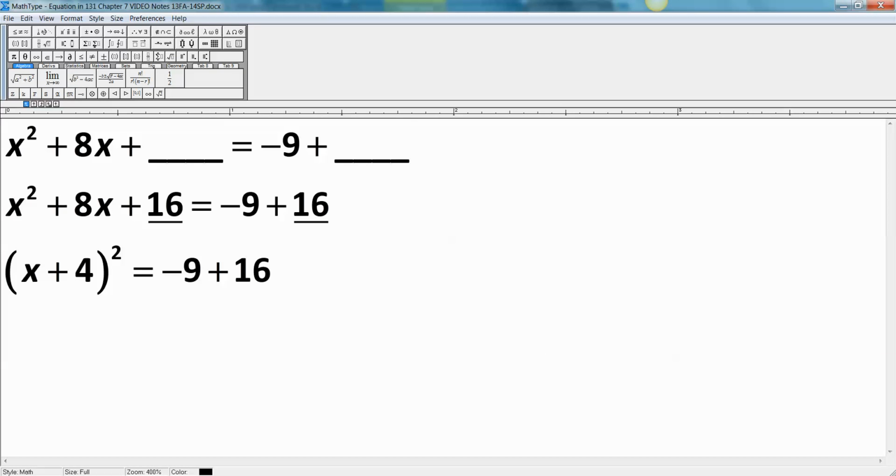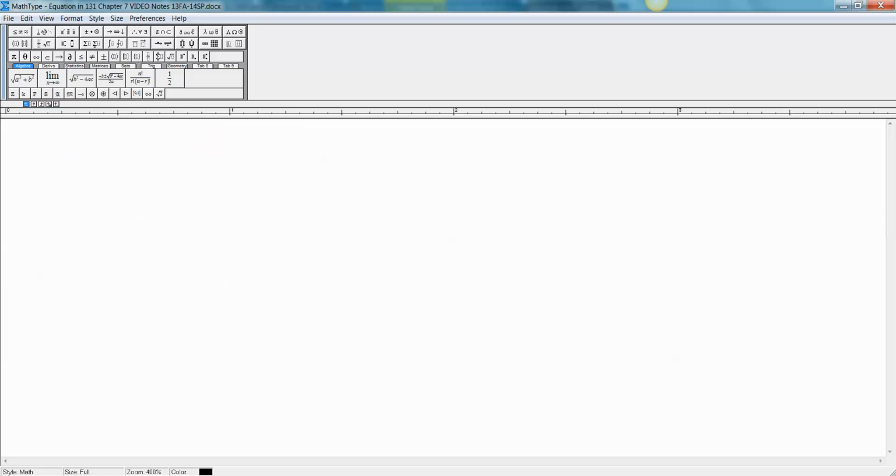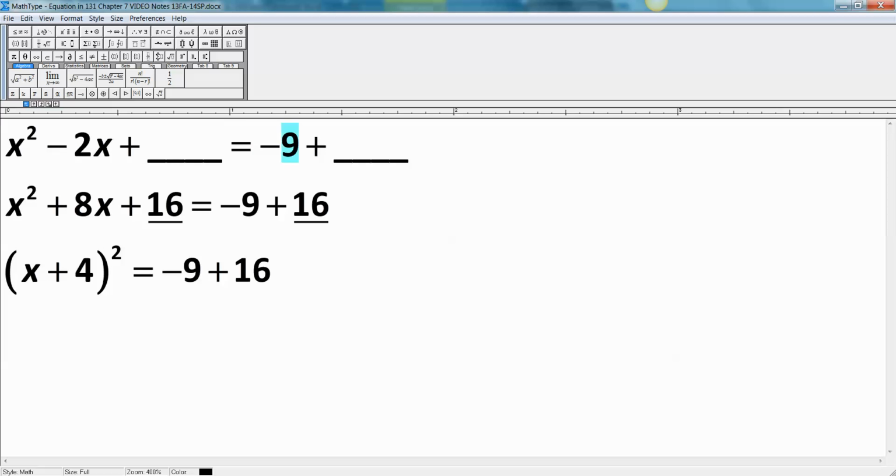So it's x squared minus 2x plus something equals negative 13 plus something. So that's x squared minus 2x plus, and then we add in that n squared, which is 1, equals negative 13 plus 1.